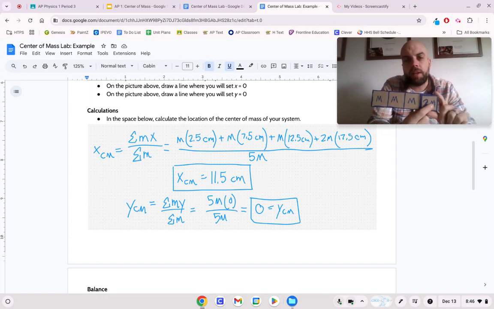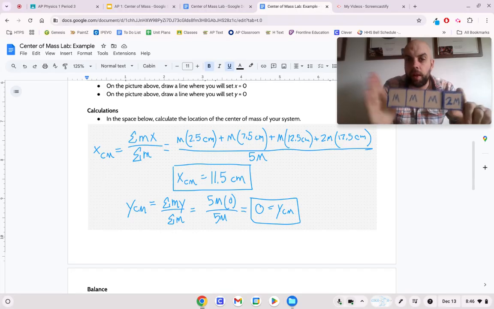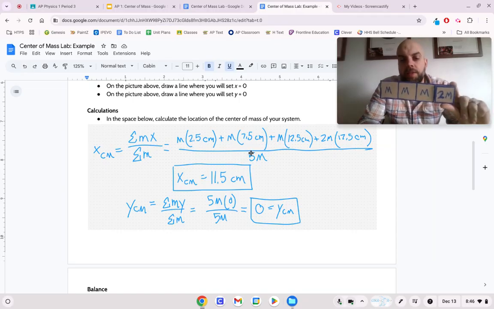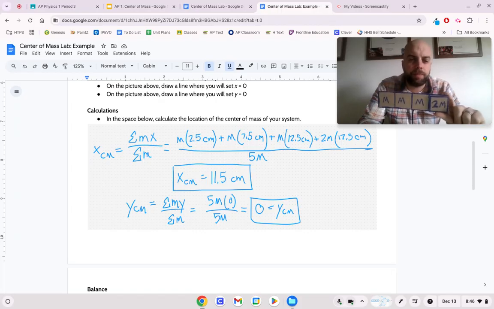Remembering that the mass that I have at 17.5 centimeters away from the axis is 2m. Then I divided that by the total mass of this system, 5m, and I figured out that the horizontal position of the center of mass was at 11.5 centimeters.